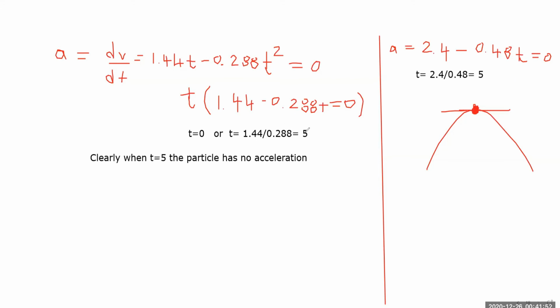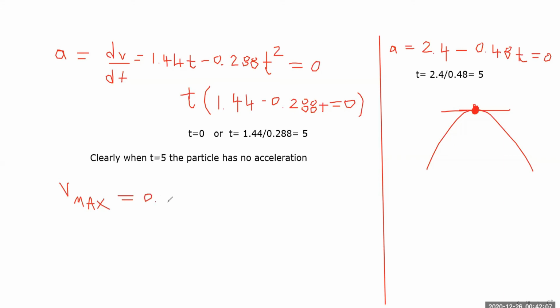So all we need to do is plug in t equals 5 to find the maximum velocity. I'm going to call it V max.